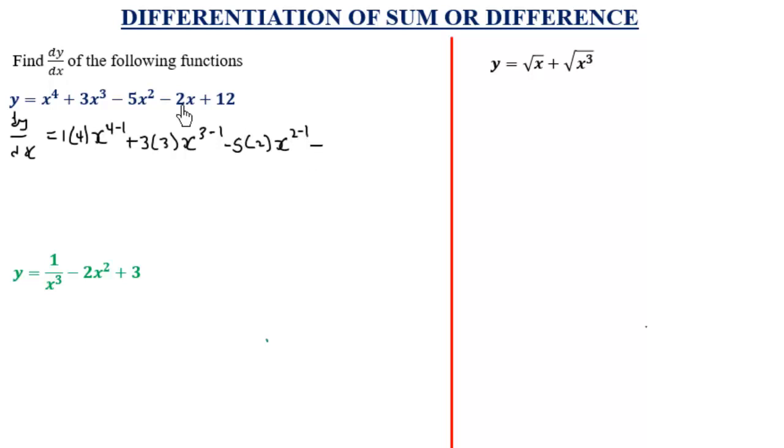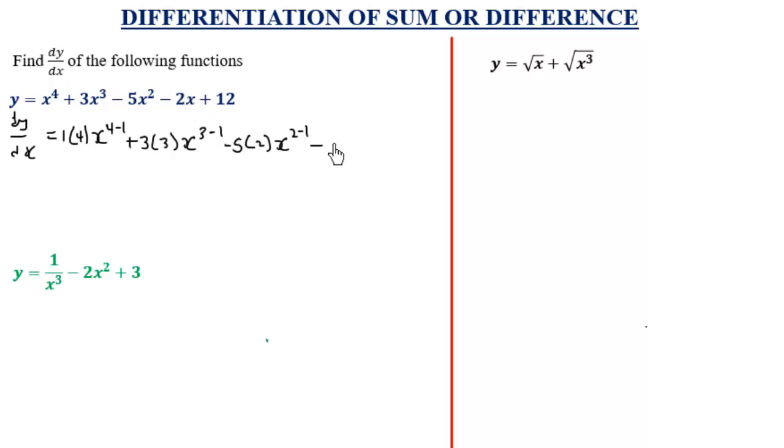Now we have another function, which is 2x. The exponent of this x is 1, but we don't write it, it is to the power 1. But you have to know that there's a 1 there. It means every number in its natural state is to the power 1. So the exponent 1 here, which is invisible, we are going to multiply by the coefficient of the x.